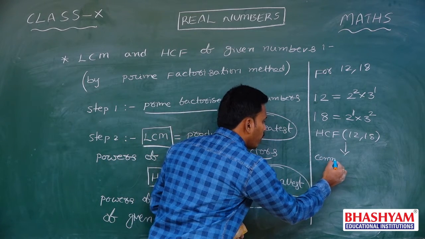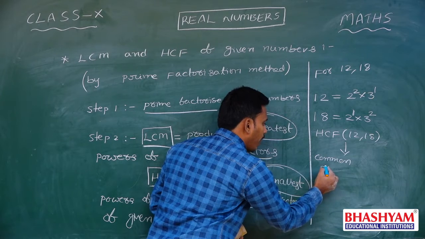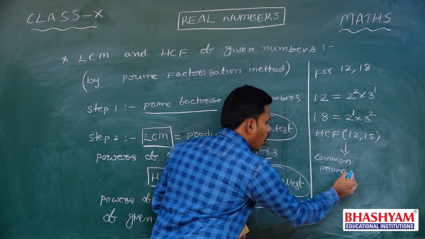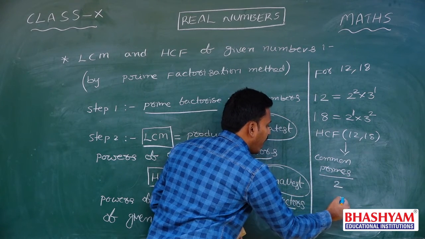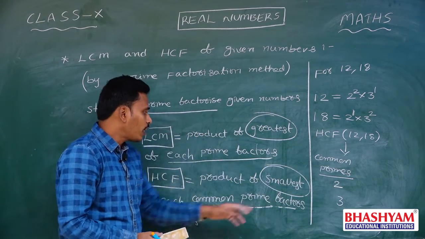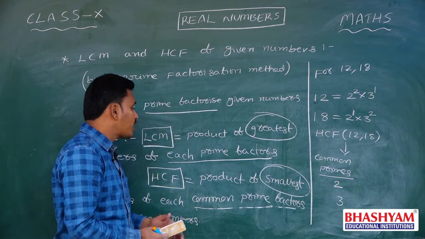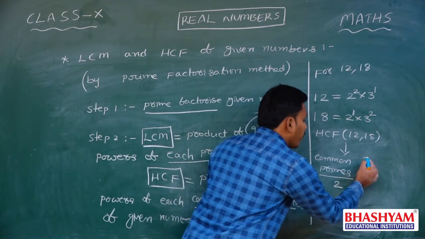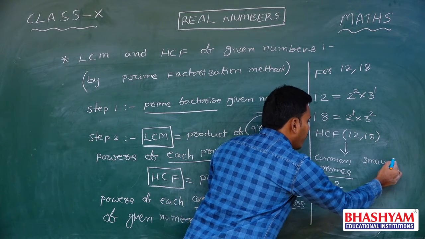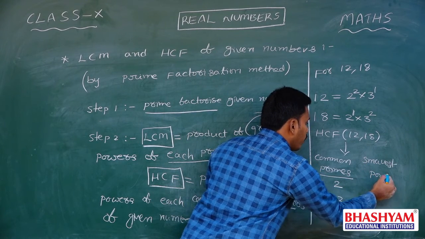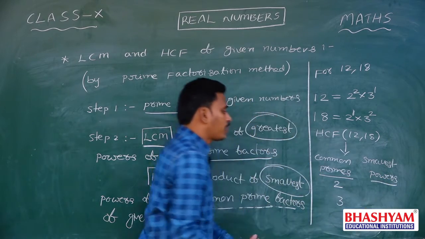So you need to note here the common prime factors, right? What are the common primes here? Again 2 and 3. And after that you need to identify the smallest powers. For the LCM we observe the greatest powers, and for HCF we need to identify the smallest powers.